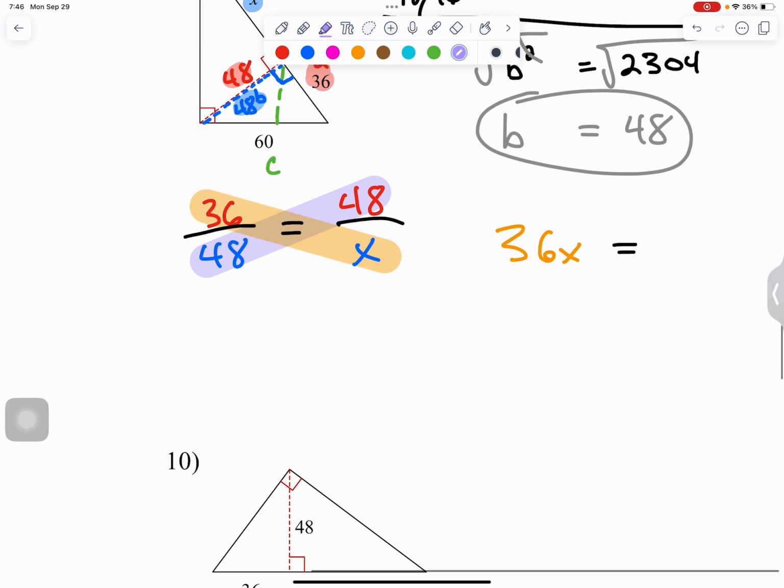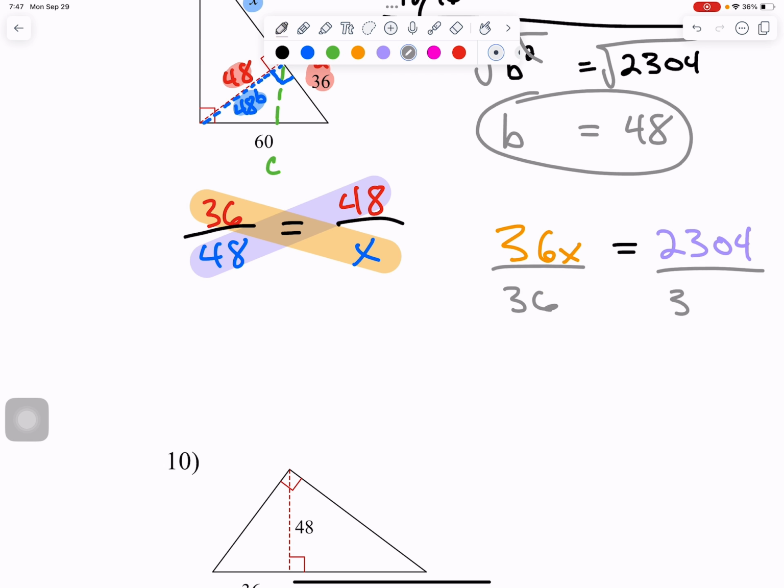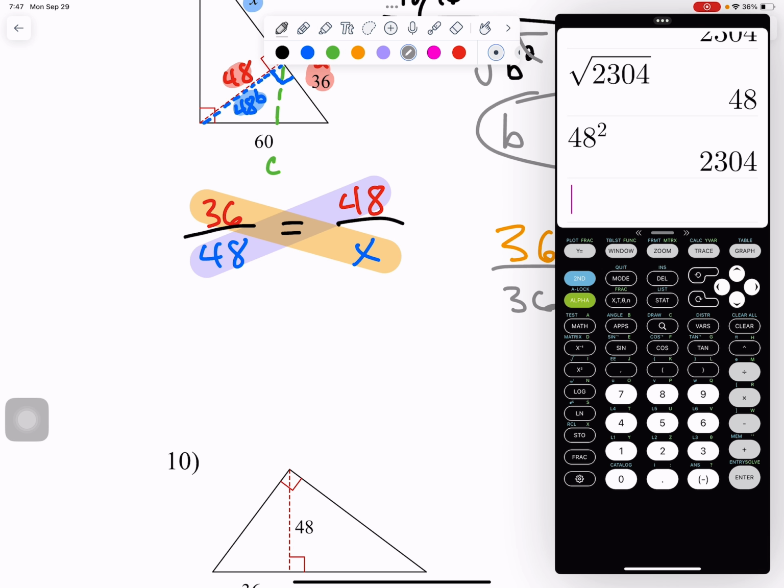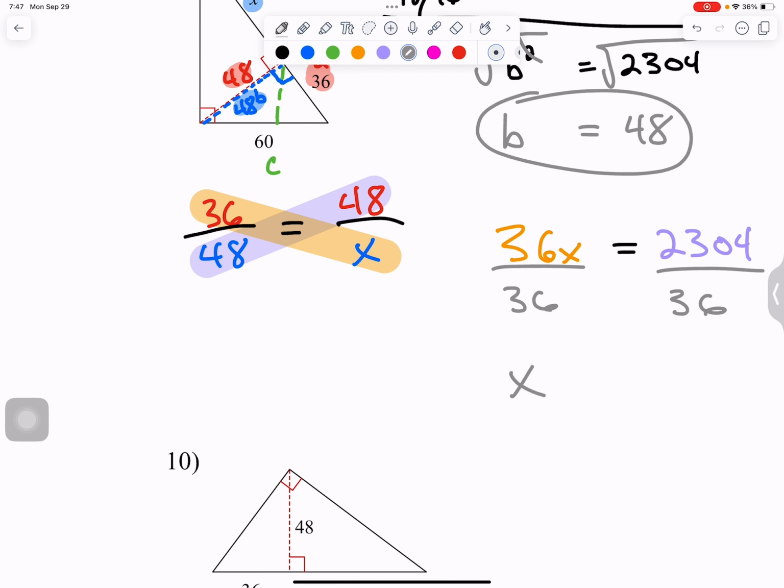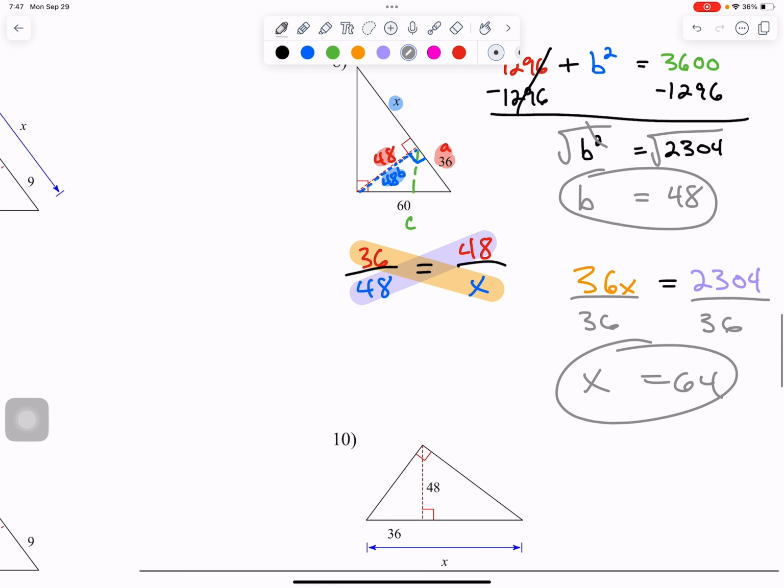Yes, it sure is. Equals 2304. And if we divide each side by 36, we get 64. X equals 64. And we finally have an answer.